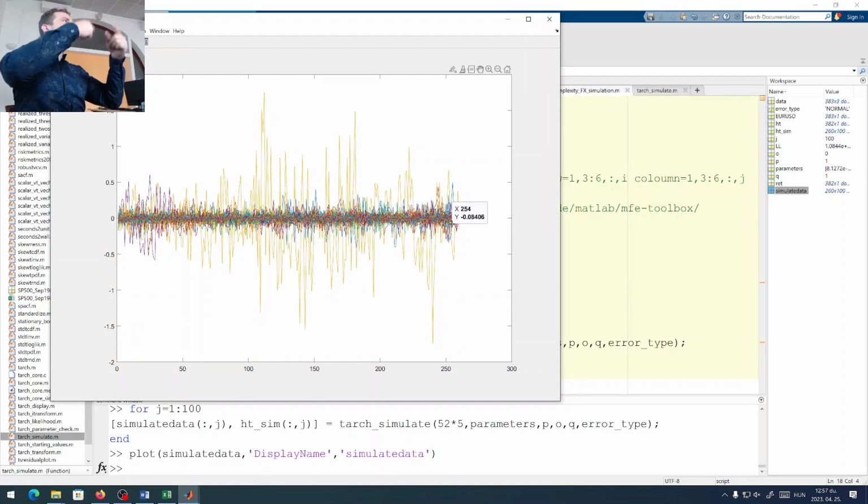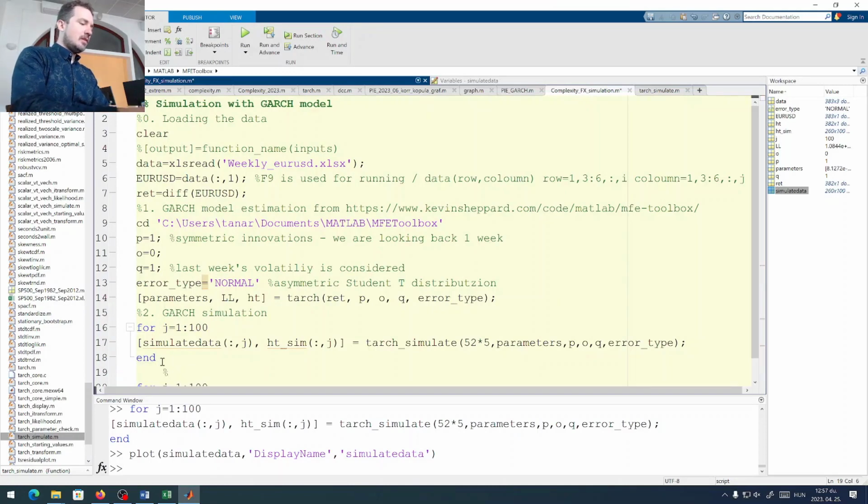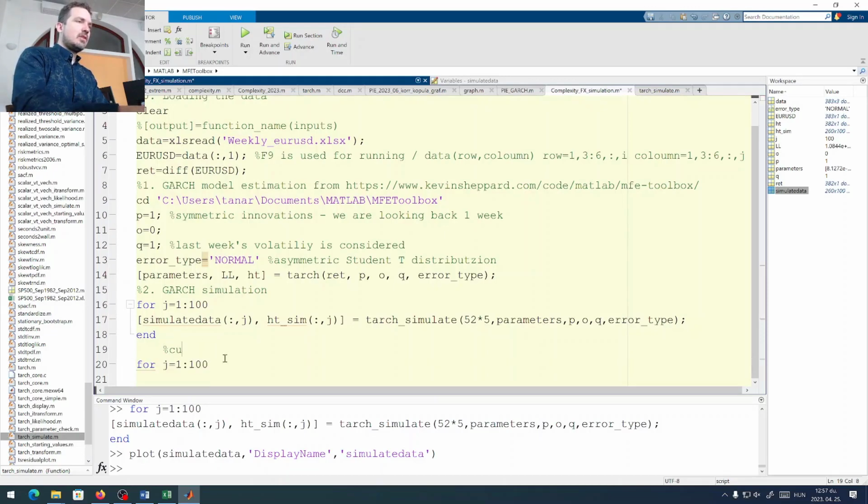If we add them back to the original series, we can build up exchange rate trajectories from that. Not currency, exchange rate.